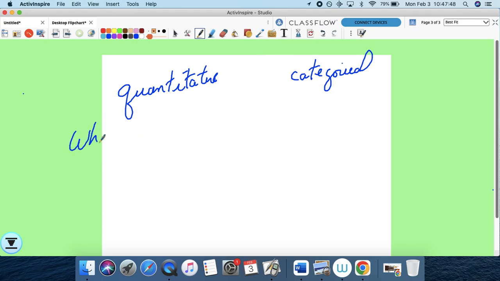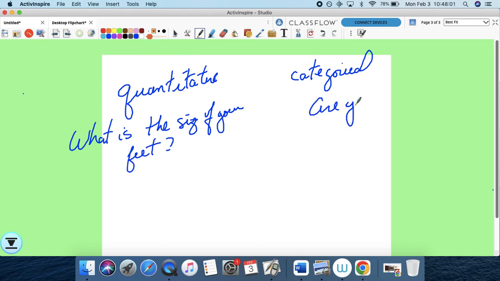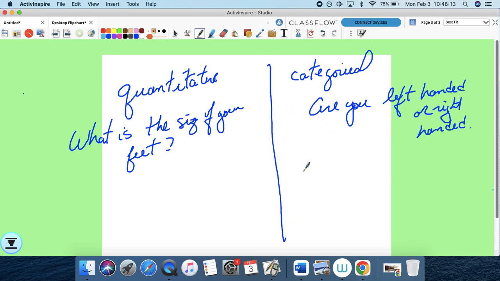What is the size of your feet? Are you left-handed or right-handed? Your favorite color.